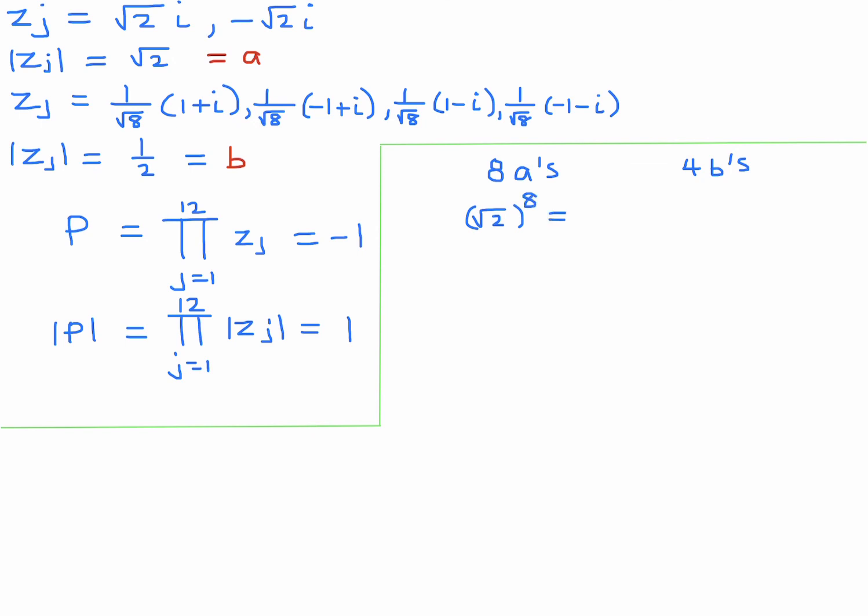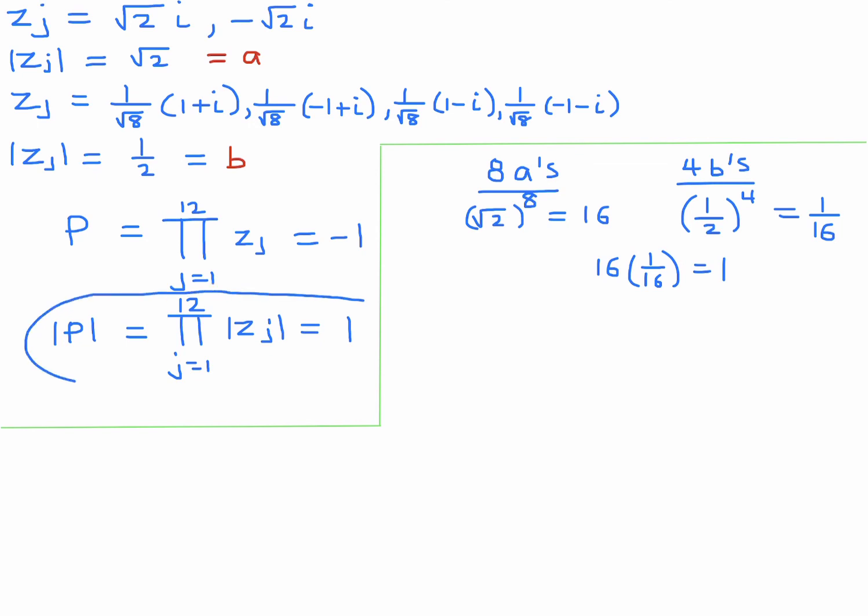That's root 2 to the power of 8, and that is 16. If you choose 4 B's, it would be 1/2 times 1/2 times 1/2 times 1/2, so basically 1/2 to the power of 4, which is 1 over 16. And if you multiplied that by this, it would be 16 times 1 over 16, which is equal to 1. So that is how you would get a product of 1 for the magnitudes.